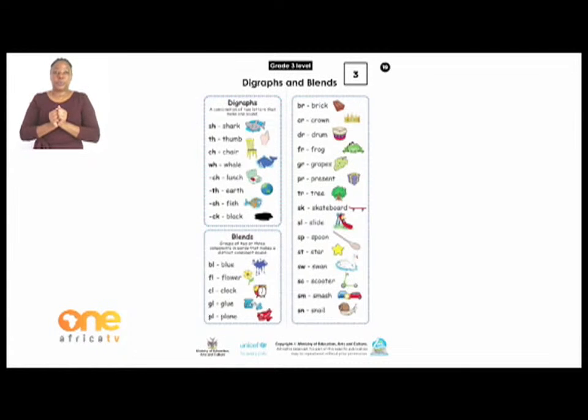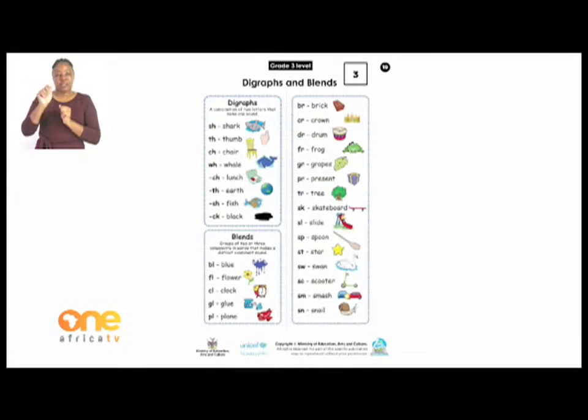But before we do, it says, digraphs are a combination of 2 letters that make one sound. So we have our sound sh, then th, and ch, and the last one we have is k.